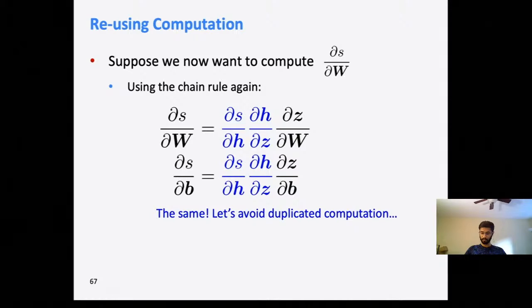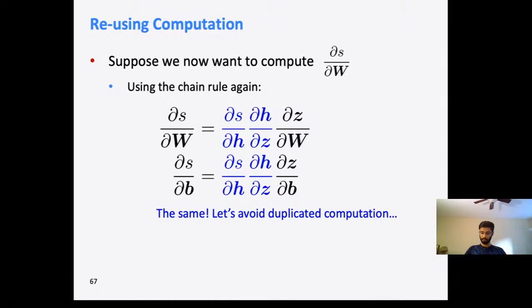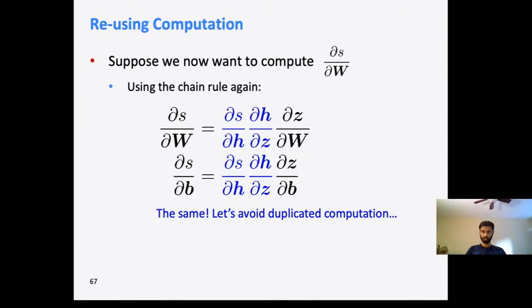So first of all, you're working out the z from the wx part, then putting it through the nonlinearity, then doing the dot product of the vectors. So that part is the same. And what you should notice is that if you compare the partial of s with respect to w versus s with respect to b, most of them are the same, and it's only the part at the end that's different.